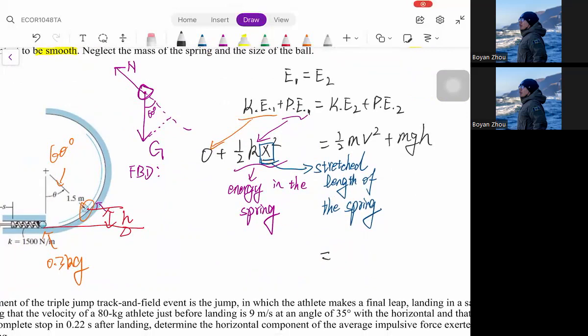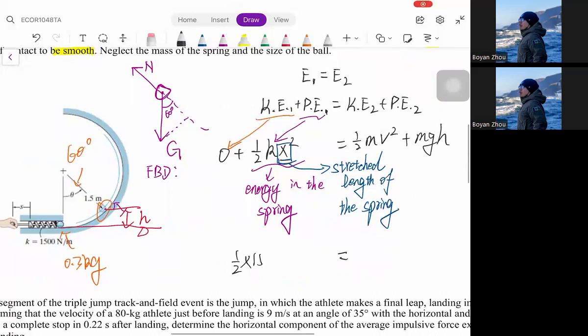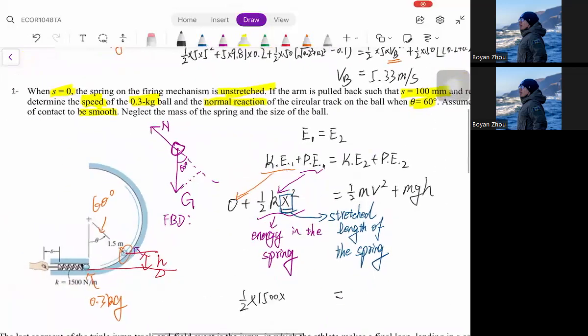So the next step is just to plug in a number. The first term is 0, so I'm not going to write it. Only a half. K is 1500 times x. The arm is pulled back such that the displacement s is equal to 100 millimeter.